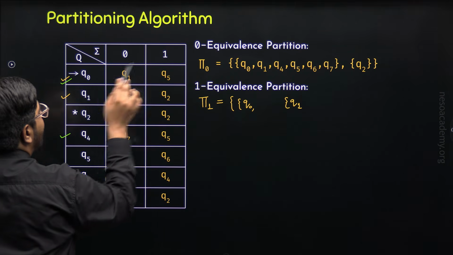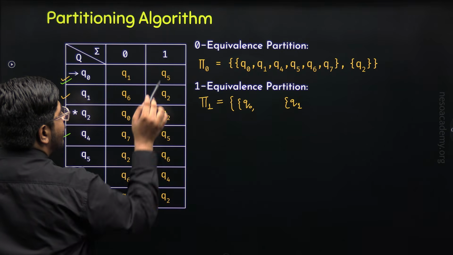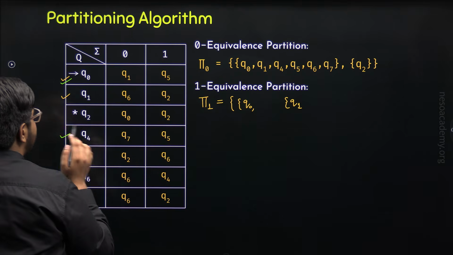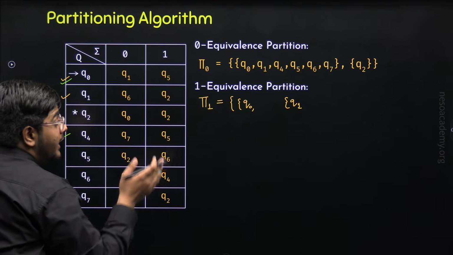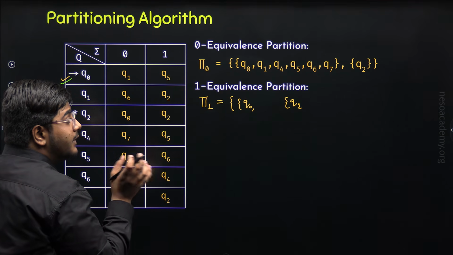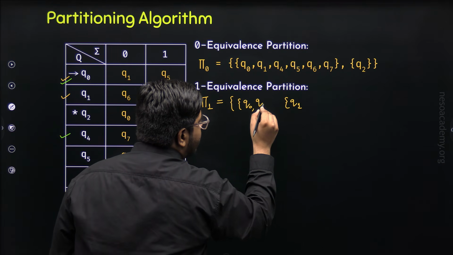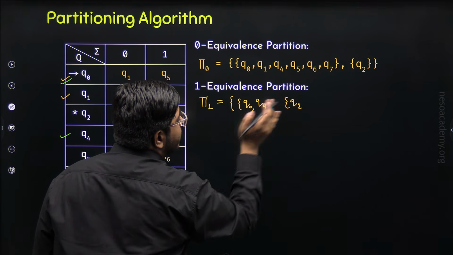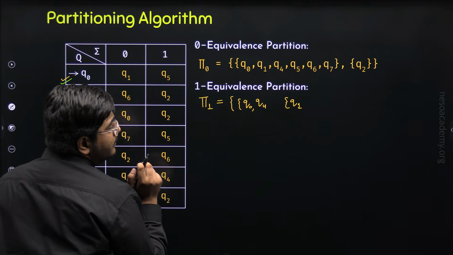Now, Q0 on 1 gives Q5 and Q4 on 1 gives Q5. Q5 and Q5 lie under the same partition, which means Q0 and Q4 are equivalent to each other. If Q0 and Q4 are equivalent states, we need to place them under the same partition. So here along with Q0, we have to write Q4 also. But we cannot place Q4 with Q1 because Q0 is already distinguishable from Q1.